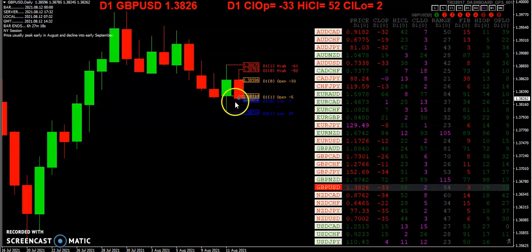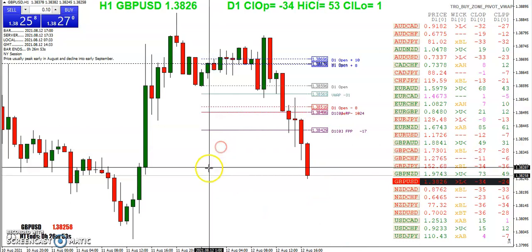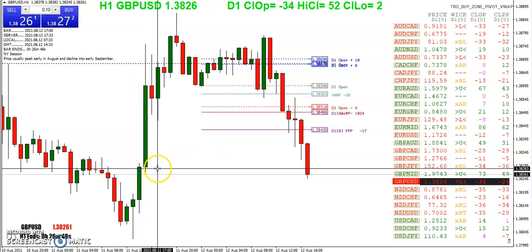We're entering previous day's lower wick zone, only 54 pips of range, only 2 pairs over 100. You can see here we crossed below the daily open and haven't really looked back since. And also, notice we completed the return bar from yesterday.